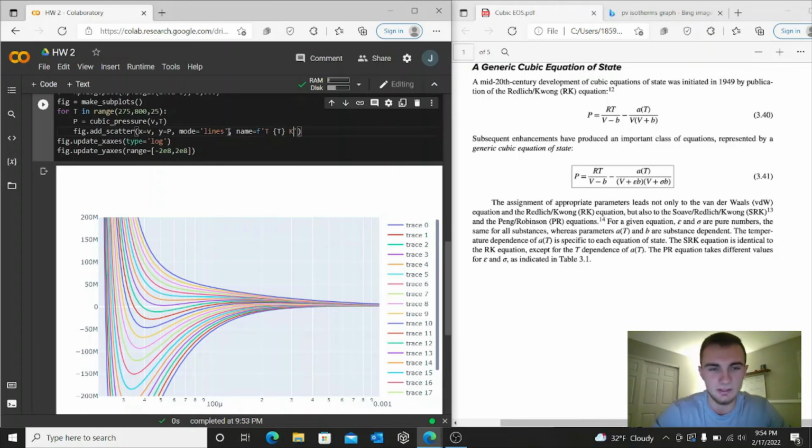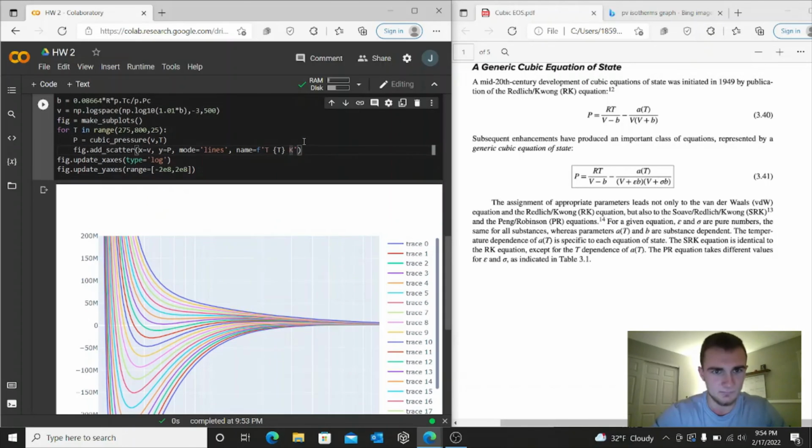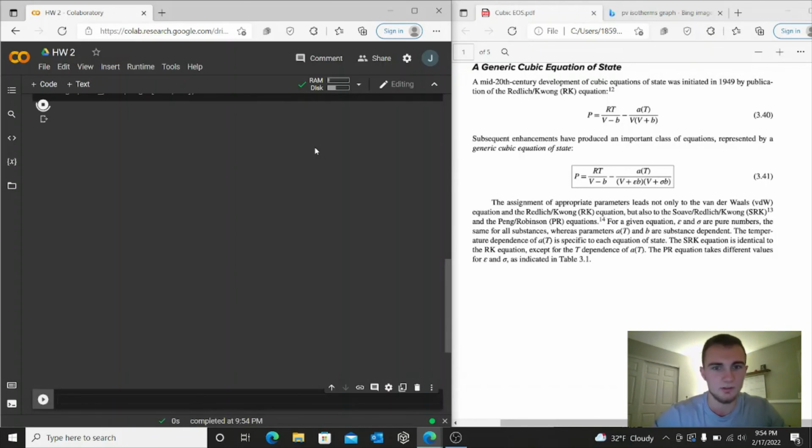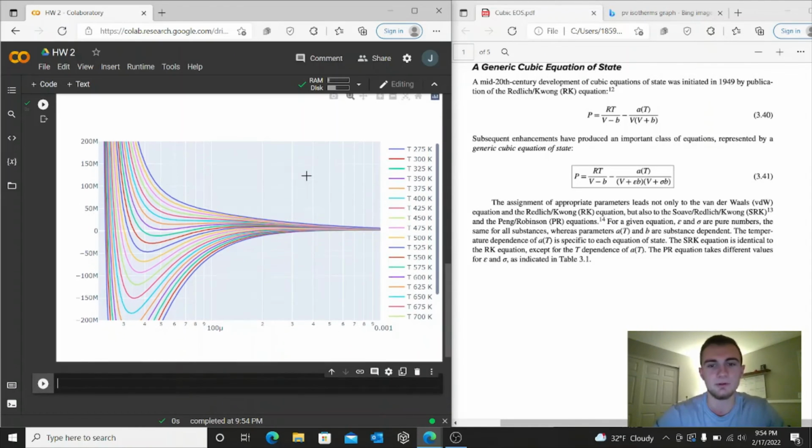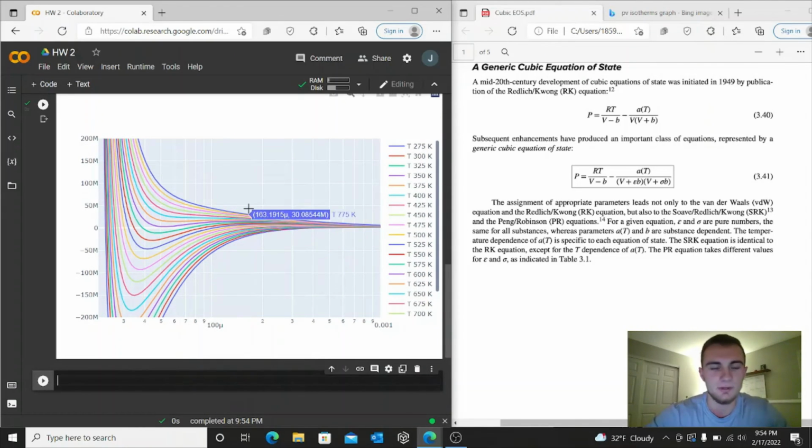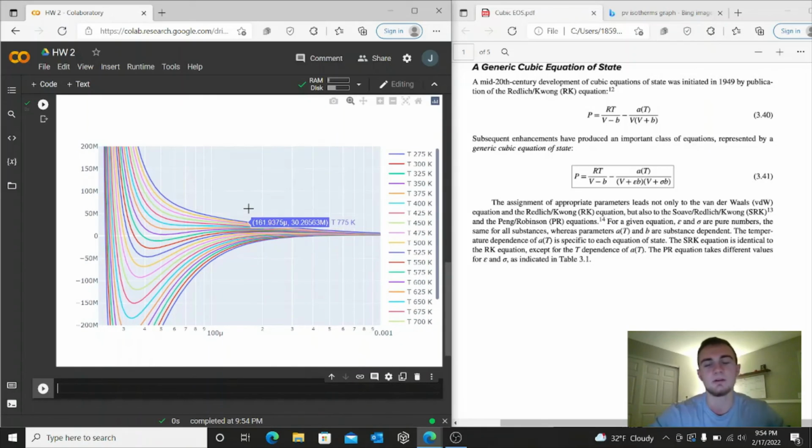So I'll go ahead and do that and put the Kelvin in there. Okay, so let's make sure this works. So yep, there we go. Okay, so we have now plotted our pressure versus specific volume diagram with isothermal curves.